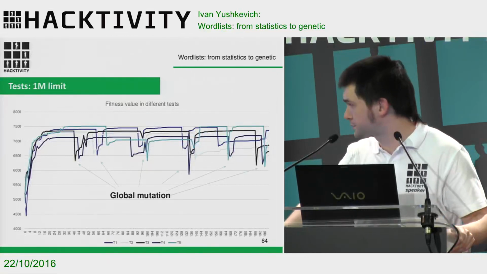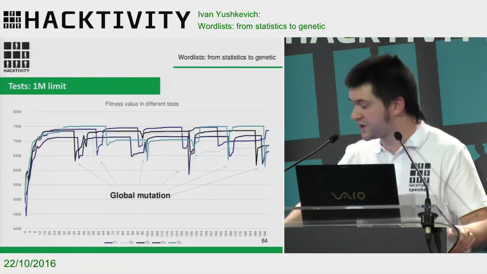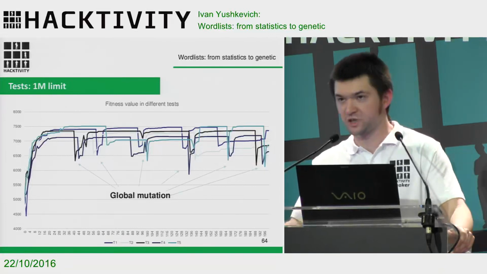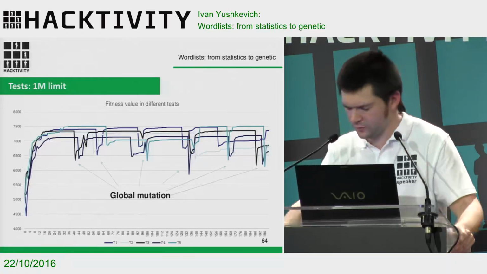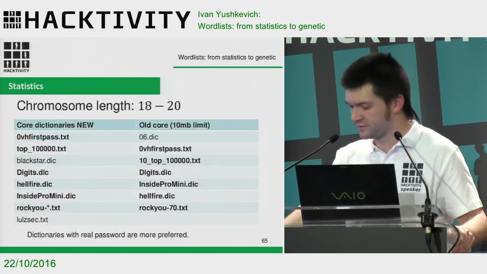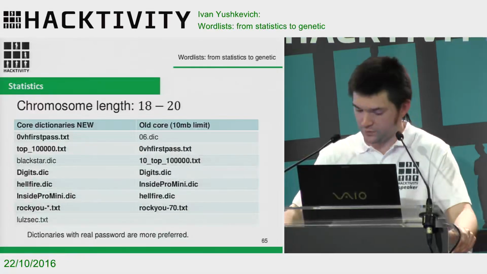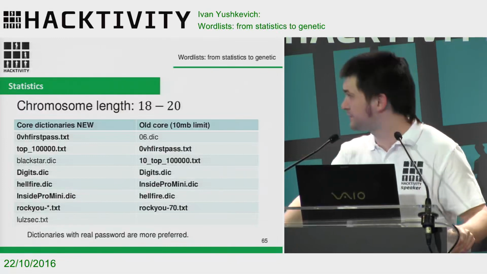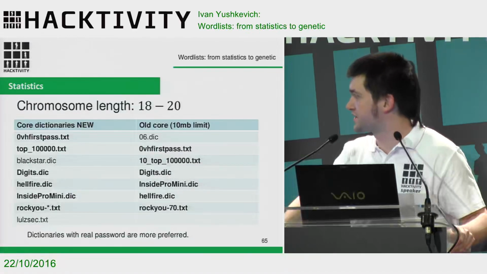As you can see here, the populations degrade after some time, so there was a global mutation that tried to shake the populations, maybe to get some new values, but it had no luck. And some results: the optimum chromosome size length was found to be from 18 to 20.